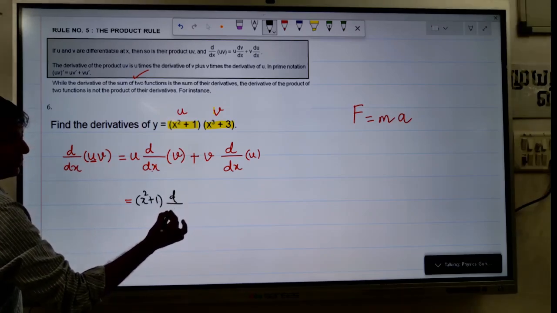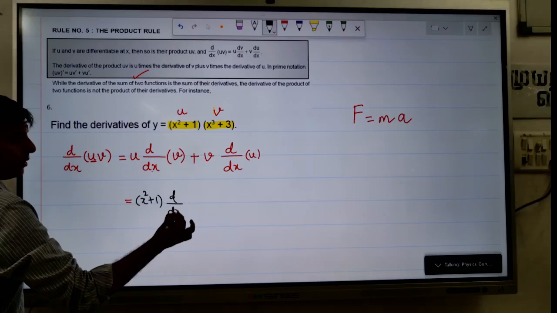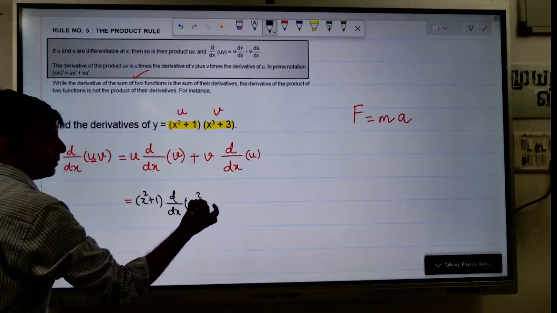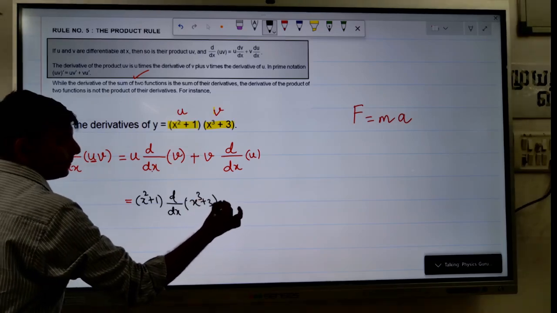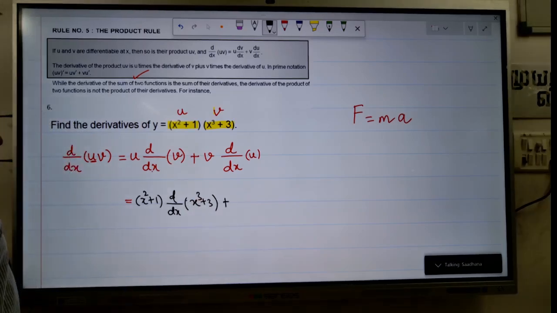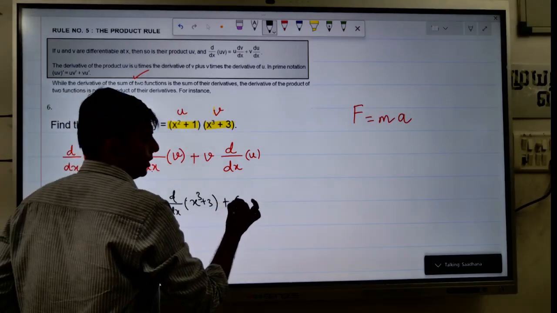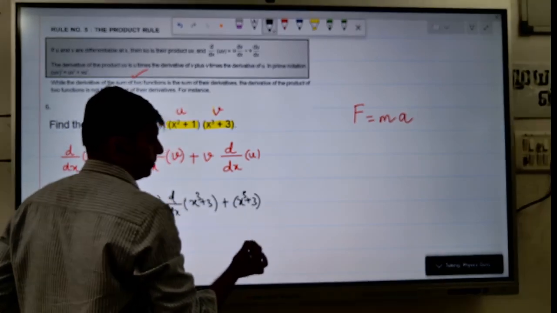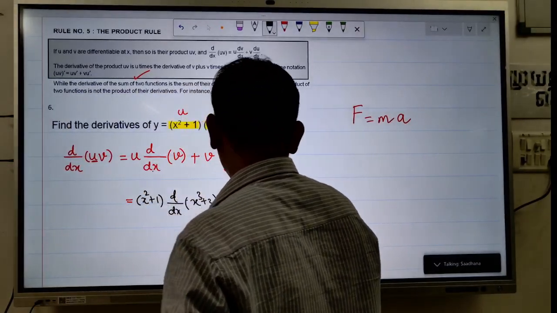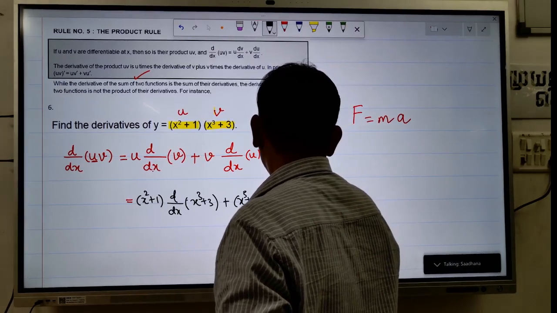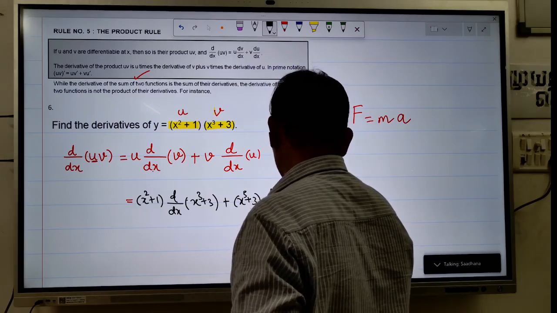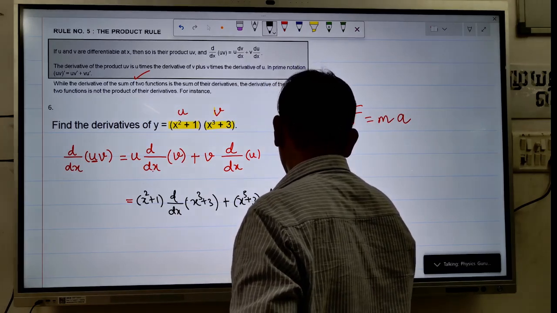Let's see. Look here, d by dx of x cube plus 3 plus, very good, x cube plus 3, d by dx of x squared plus 1.